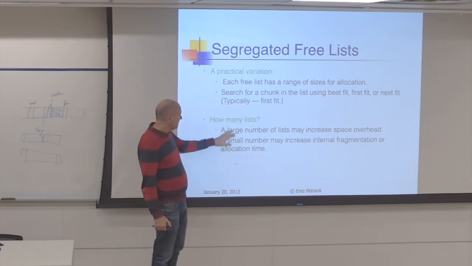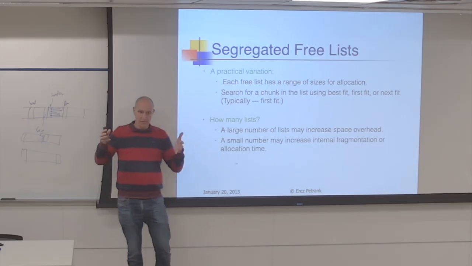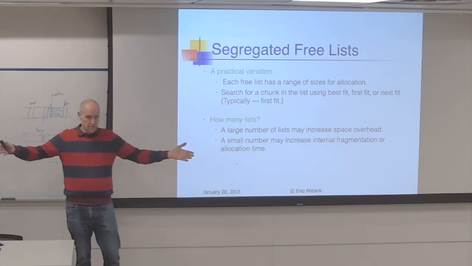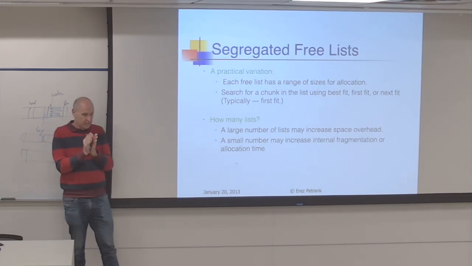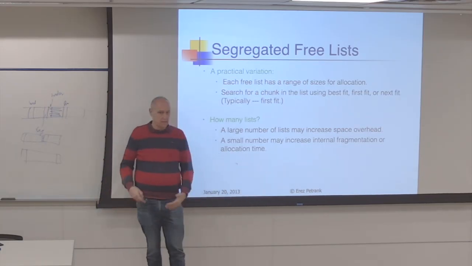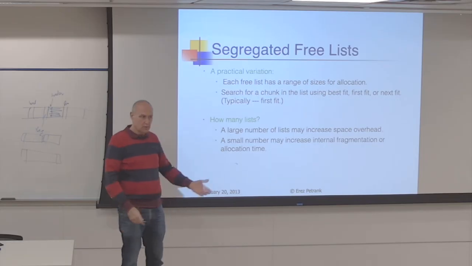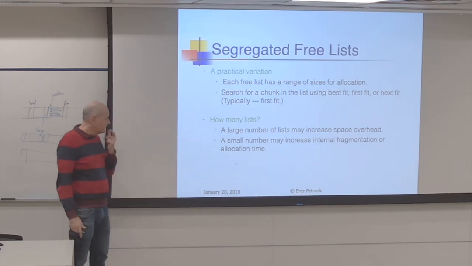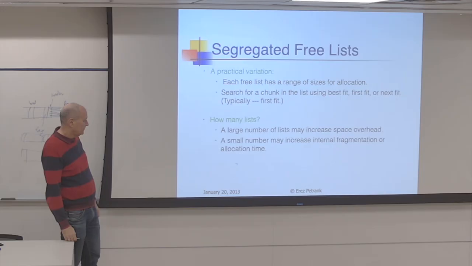And then you can ask how many lists I keep. If I have ranges, I could have large ranges and very few lists, or small ranges and many lists. Then you have to decide in your system what's the right way to go. We'll talk about a standard allocator and how they do this.